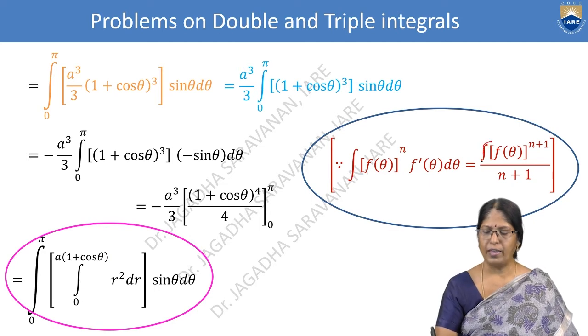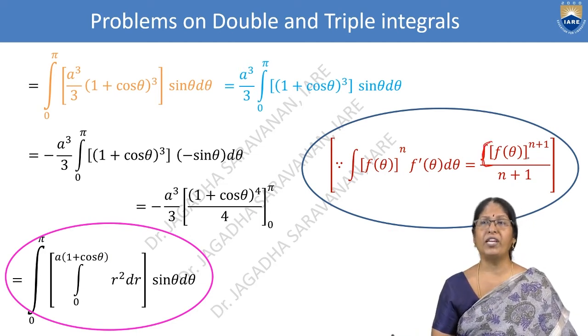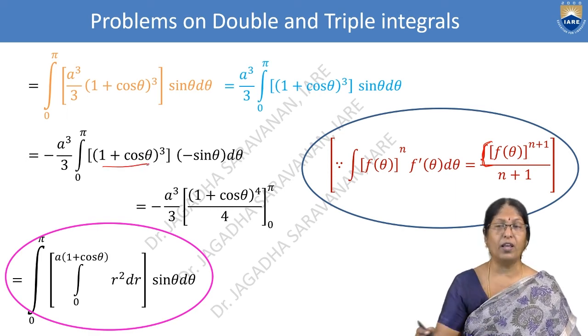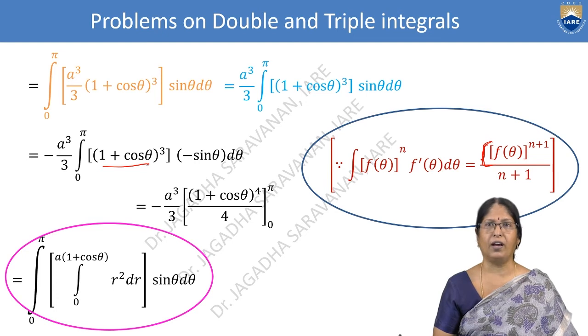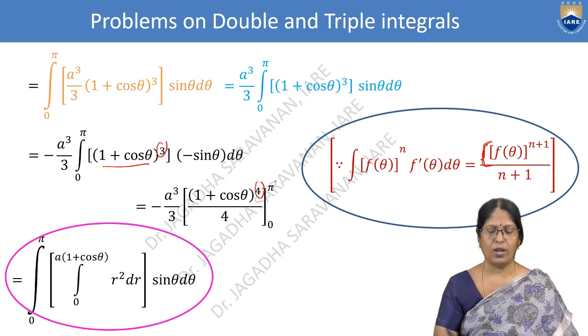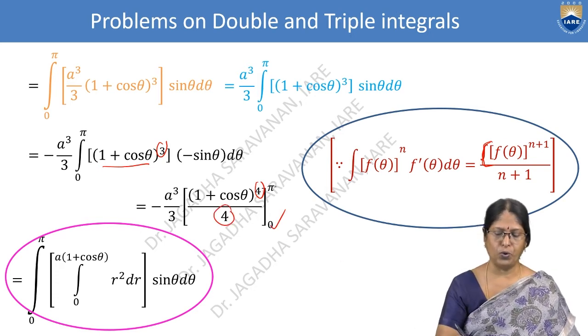So f of theta power n plus 1, where f of theta we have taken as 1 plus cos theta. Our n is 3, so n plus 1 is 4, divided by n plus 1, from 0 to pi.